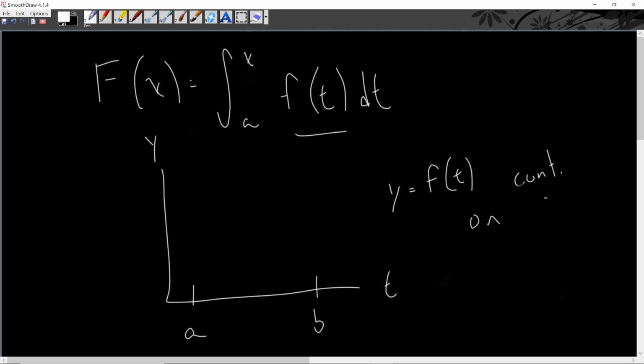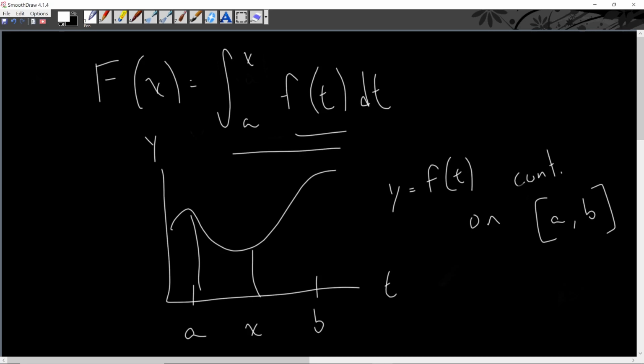So we'll say that f of t is continuous on [a, b], and x is somewhere in here. That's what this is saying. Here is a somewhat not great looking graph, but this is just saying that we are assuming that integration is just going to be the area under the curve. We can say that this is the area under the curve from some value x on this interval of a to b for this function of t.